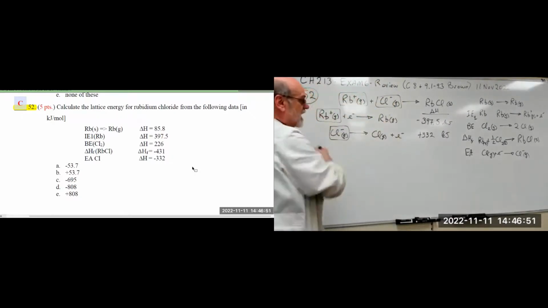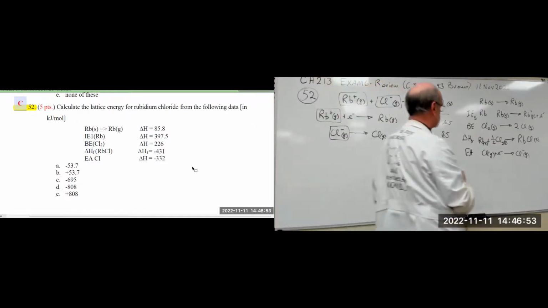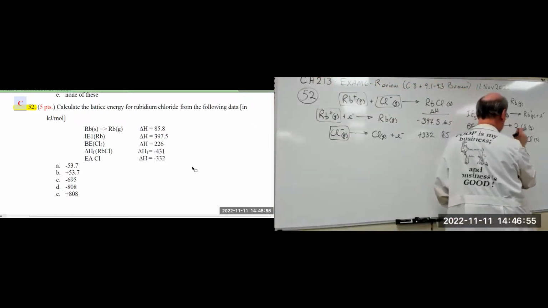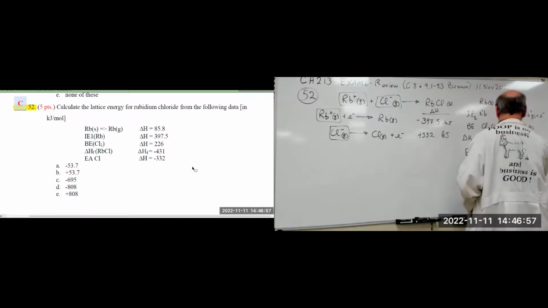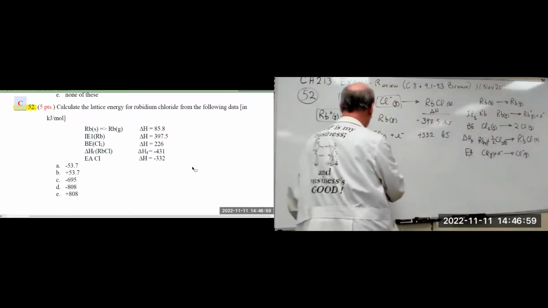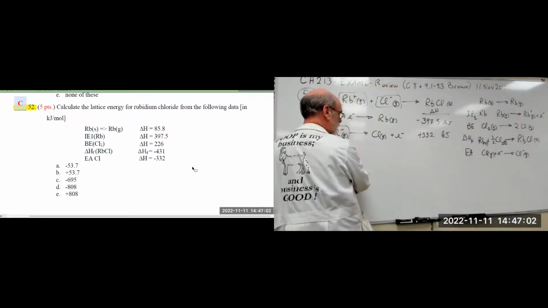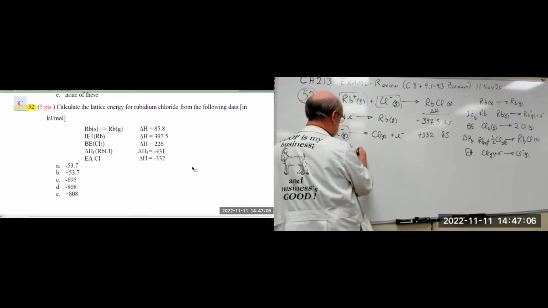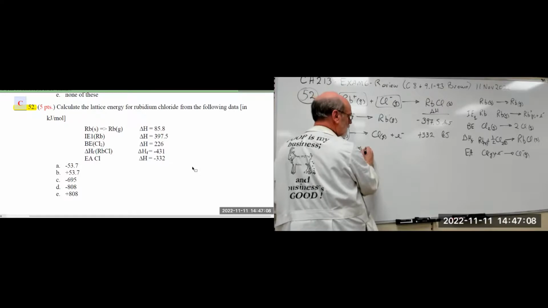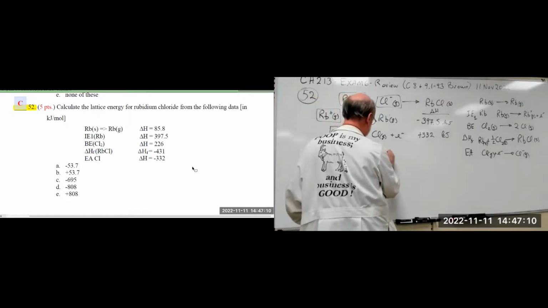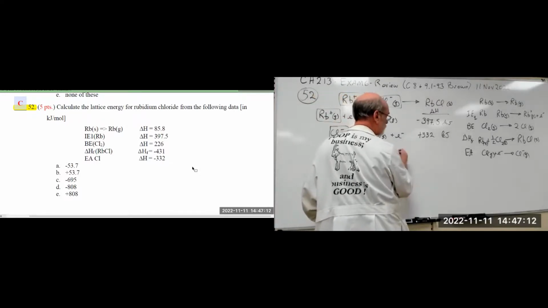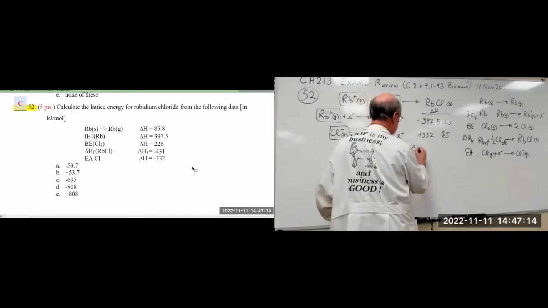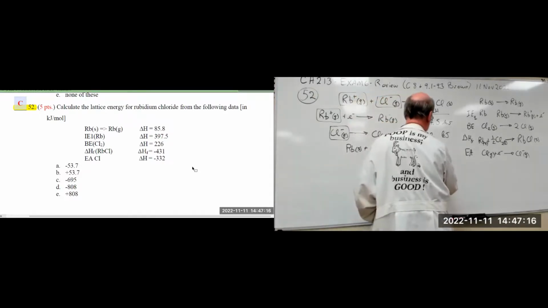All right, how about rubidium chloride solid? Here it is, and it's on the correct side. So if we write this one in here, rubidium solid plus half of a chlorine molecule yields rubidium chloride solid.